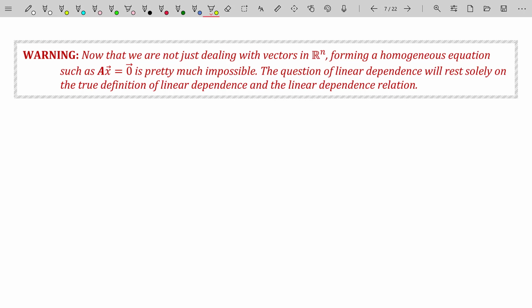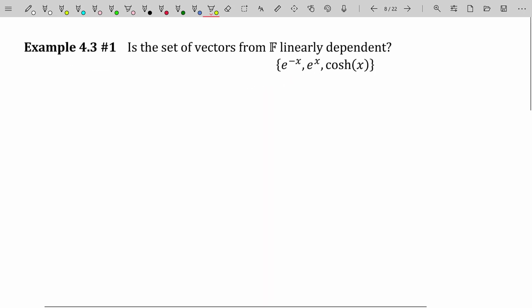Again, because our vectors are likely to be functions, and so building a matrix with them might be very impossible or challenging at least. So the question of linear dependence will rest solely on the true definition of linear dependence and the linear dependence relation, which is just the equation that we deal with when we're trying to prove linear dependence. So let's see that in action.